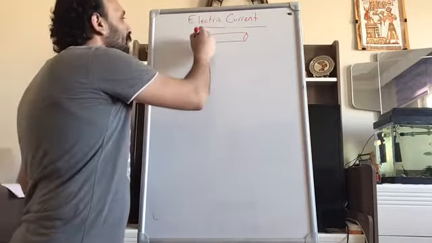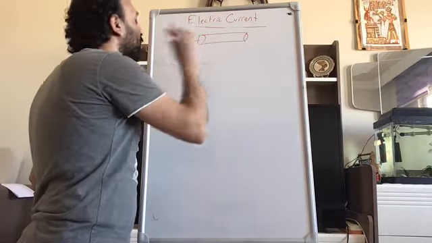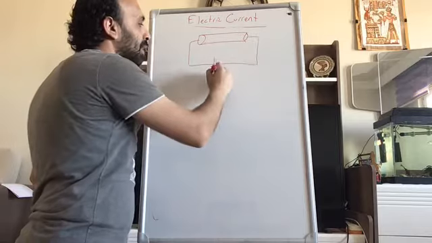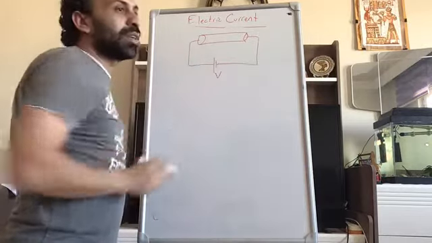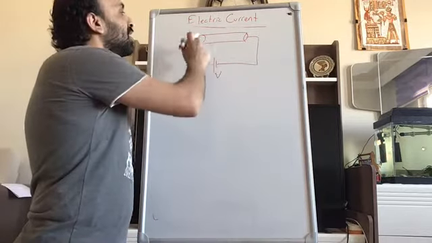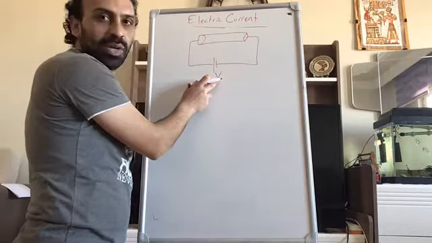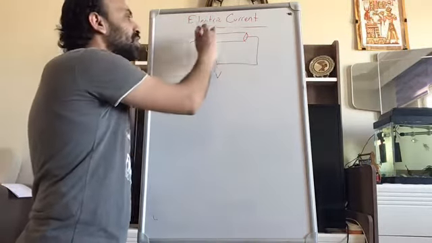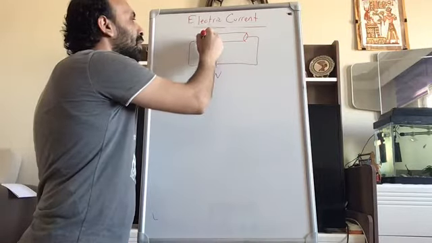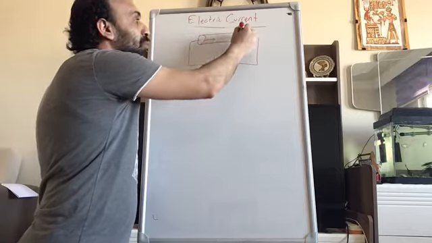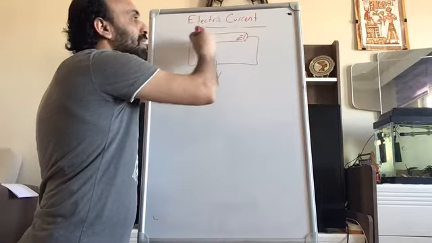But when I connect it to a circuit, to a power supply, V, that power supply with the electric potential V generates an electric potential difference between these two ends as much as V. That potential difference will generate an electric field, let's say in this direction, and then the electrons start moving from this end to this end.